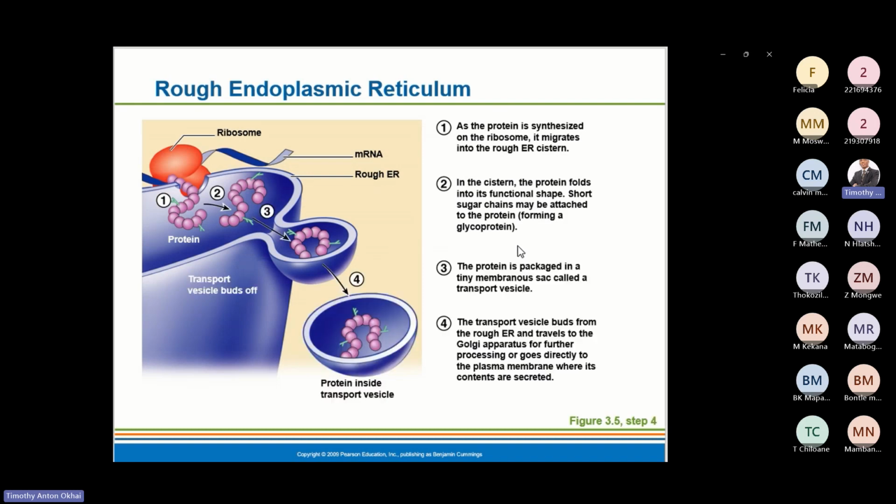Okay, so that's the process involved in the production and transport of proteins inside the transport vesicles.